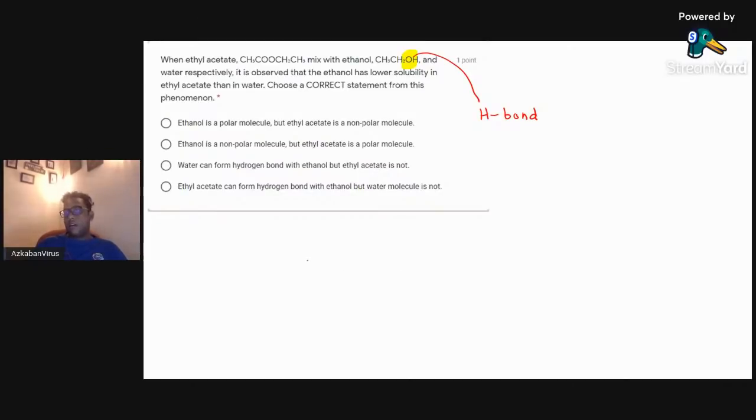Jawapan dia antara dua ni saja. Ini yang atas ni dah out. Water can form hydrogen bond with ethanol but ethyl acetate is not. Ataupun ethyl acetate can form hydrogen bond with ethanol but water is not.